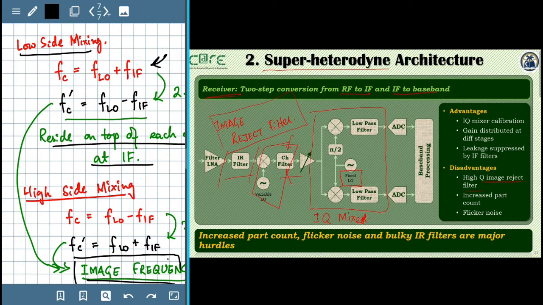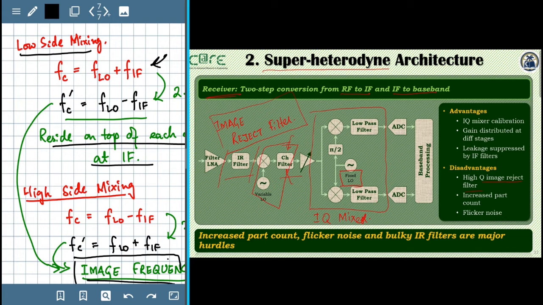What we do therefore is to have the first IF quite high, that allows you to have the image reject filter designed easily, because the Q factor decreases. Twice the intermediate frequency, which forms the potential image frequency, is far away from the desired center frequency, and that allows an easy realization of the image reject filter.